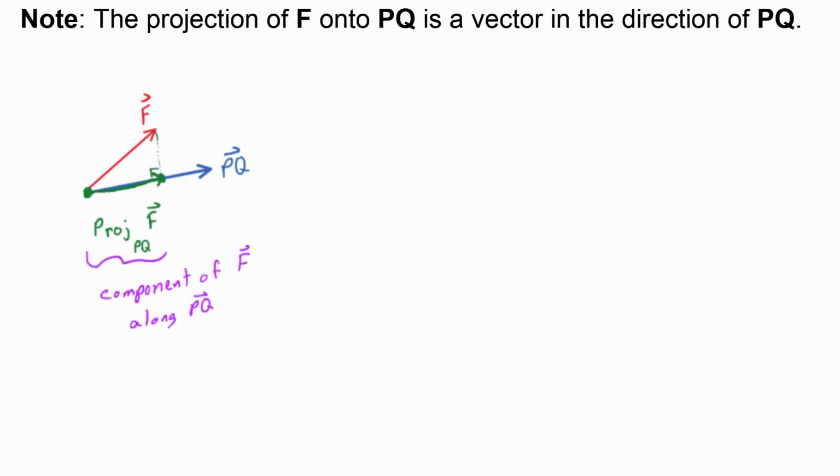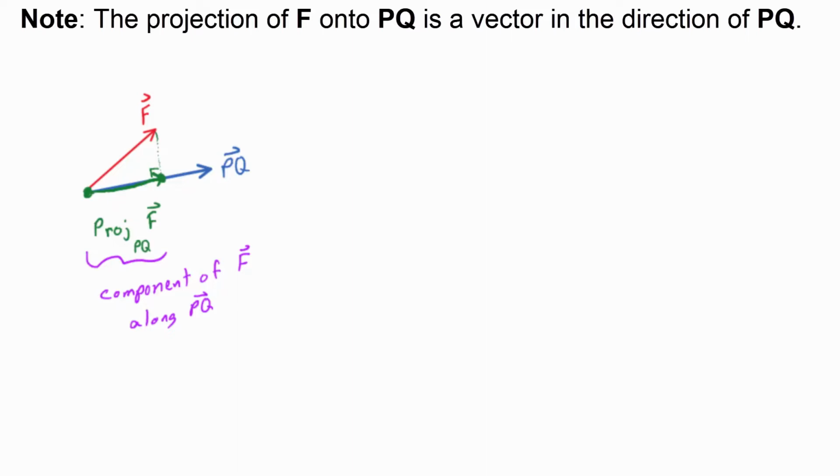So that's probably worth writing down. How can we find a representation, using our dot product and the formulas we've developed, for the projection of F onto PQ, a calculation formula? Well, we know the length of it, right?